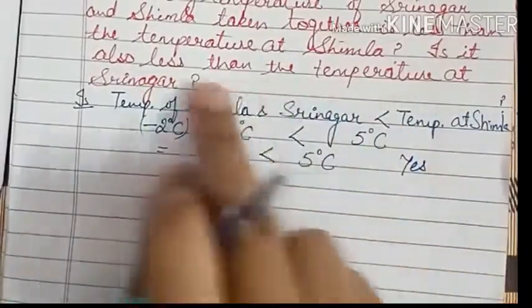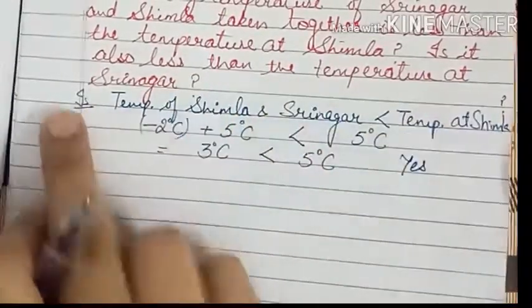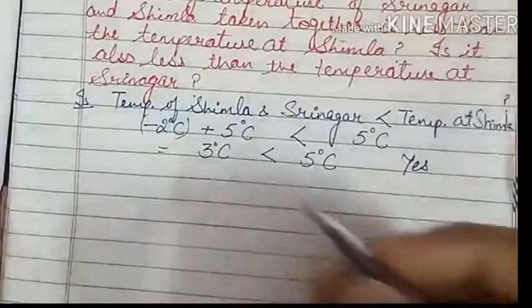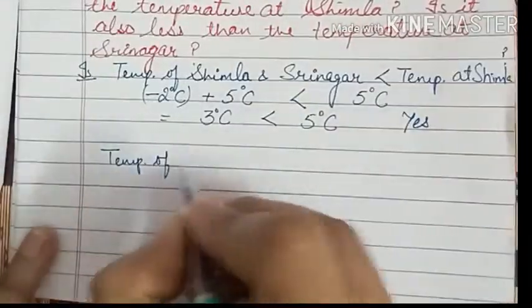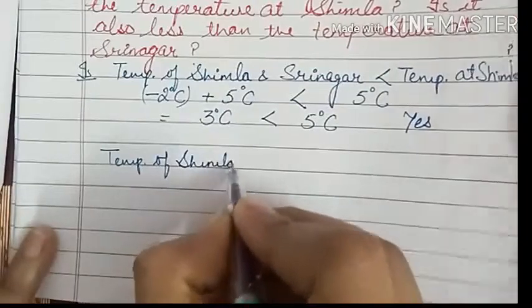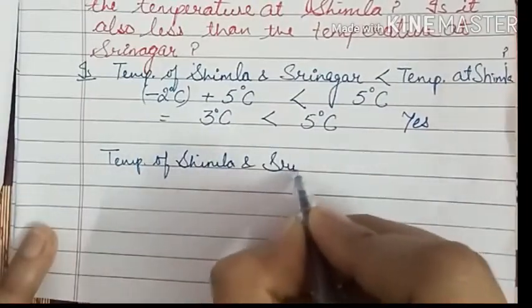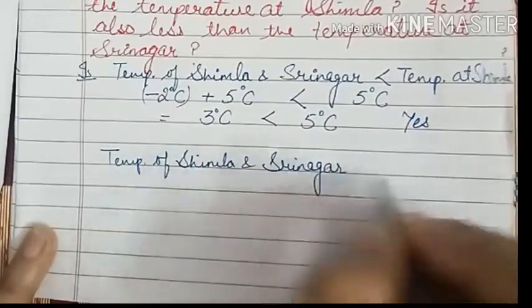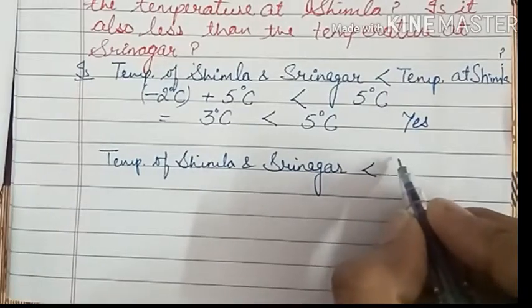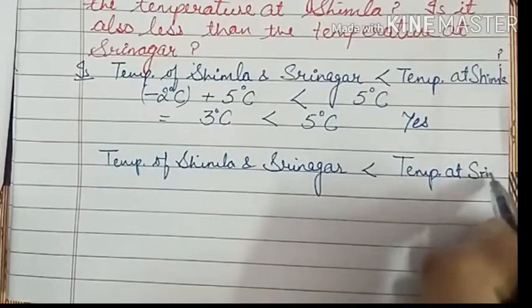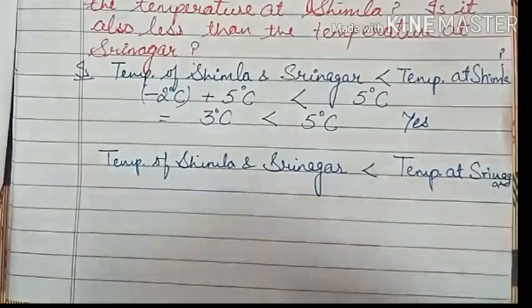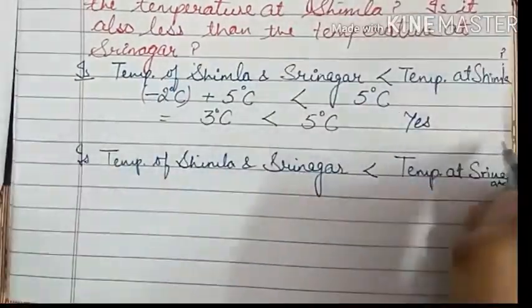Same way we will find that is that less than the temperature at Srinagar or not. So let's write temperature of Shimla and Srinagar. We will check that is that less than temperature at Srinagar. So we have to find it.